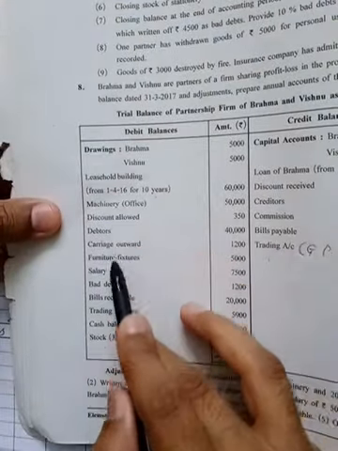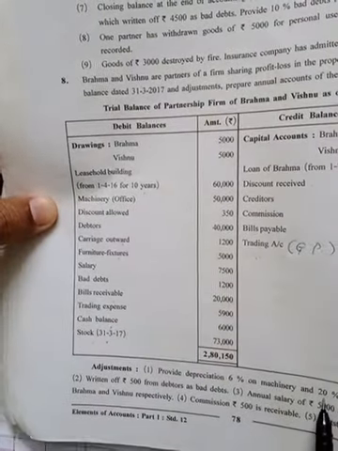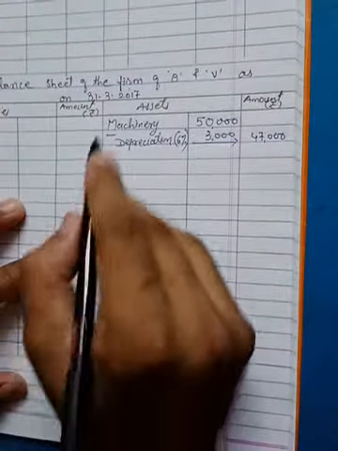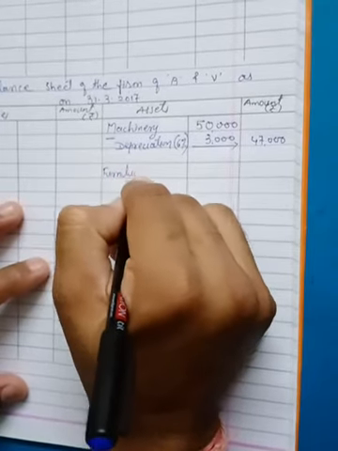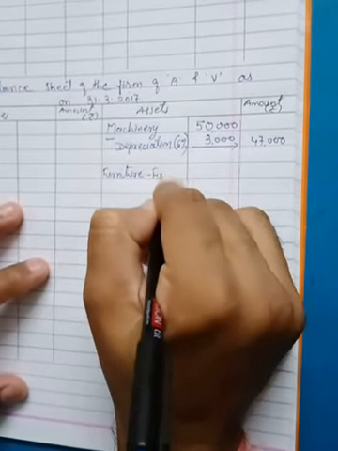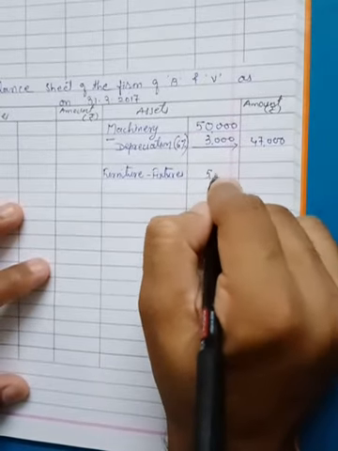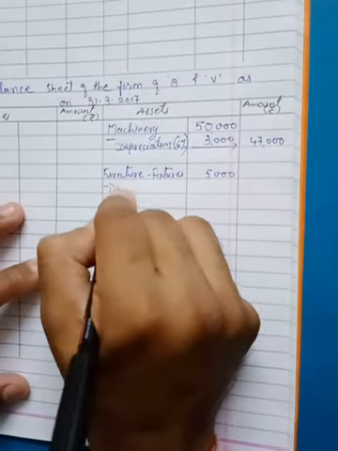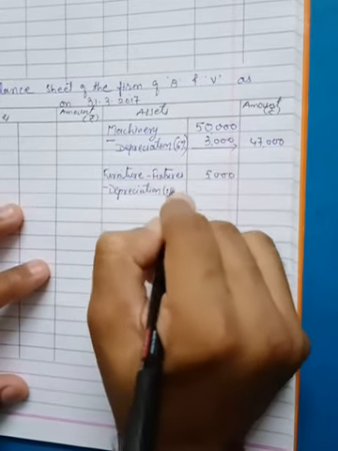Now furniture, so balance of furniture we'll find out first. So balance of furniture in your trial balance, it is given, furniture and fixture 5,000, and the rate of depreciation is 20%. So again, first effect in our balance sheet, we'll write furniture, fixtures, value is available 5,000, balance minus depreciation 20%.